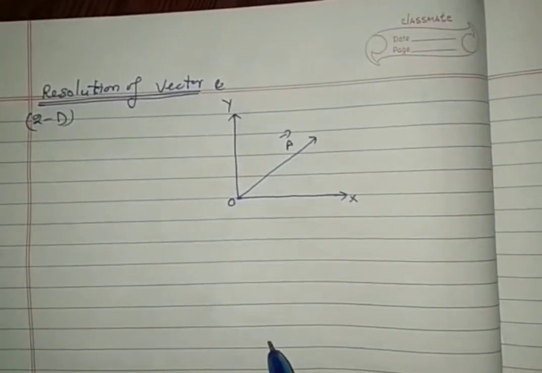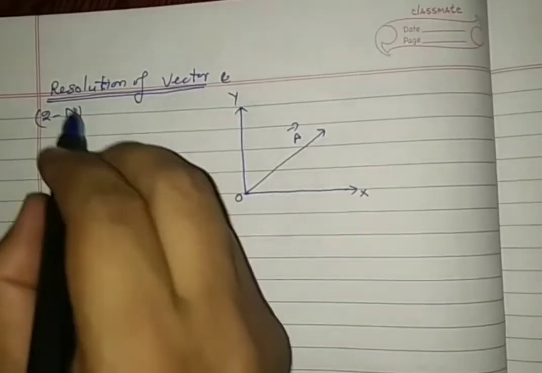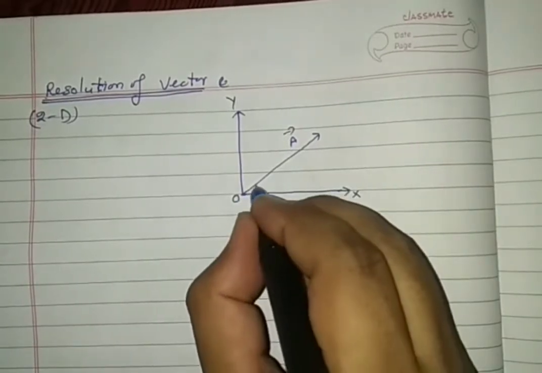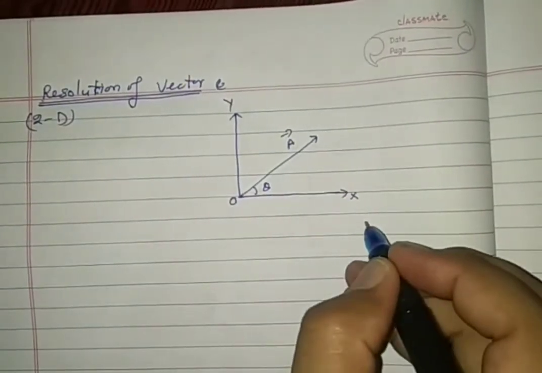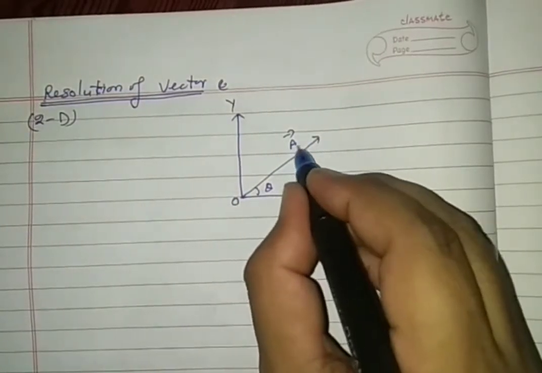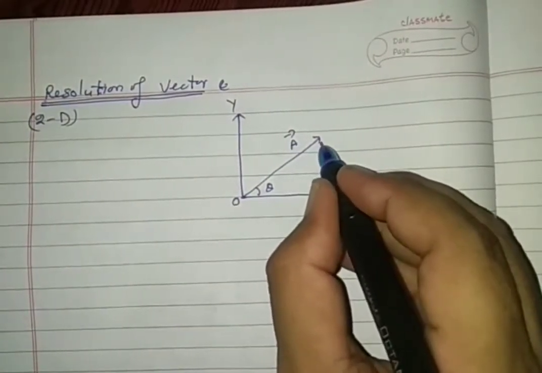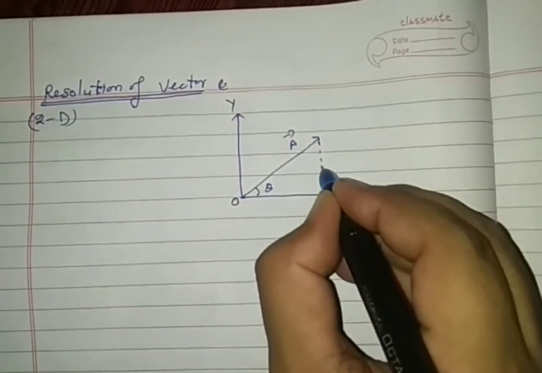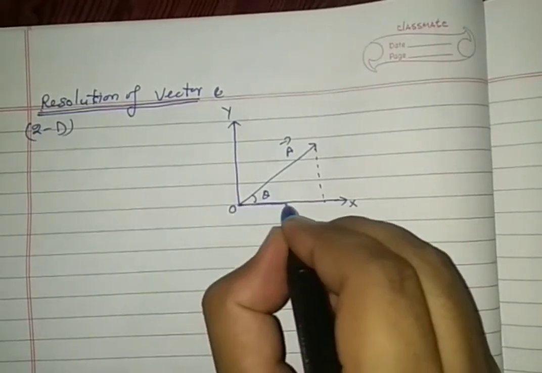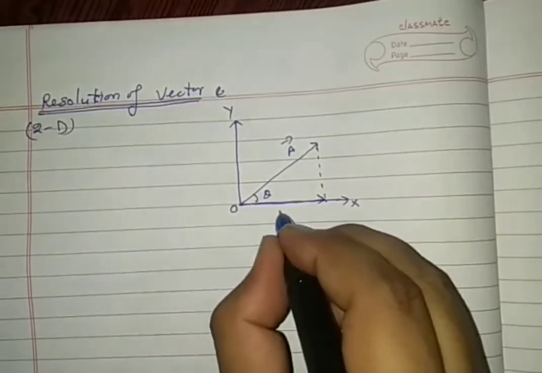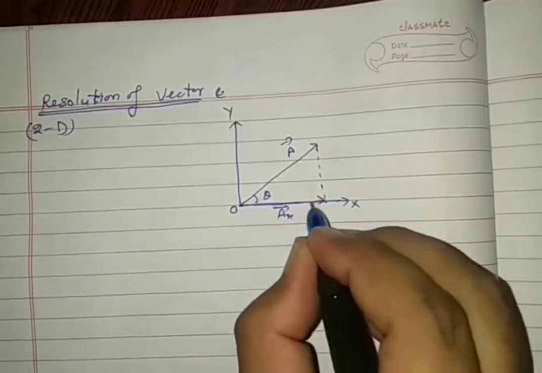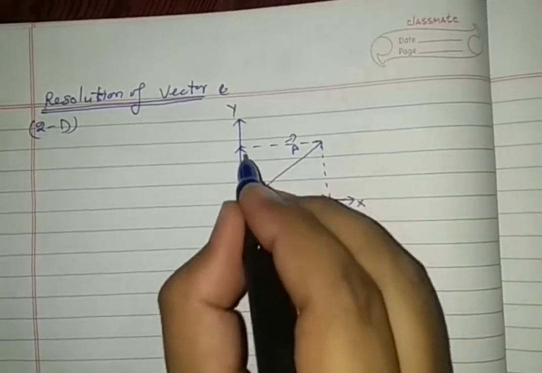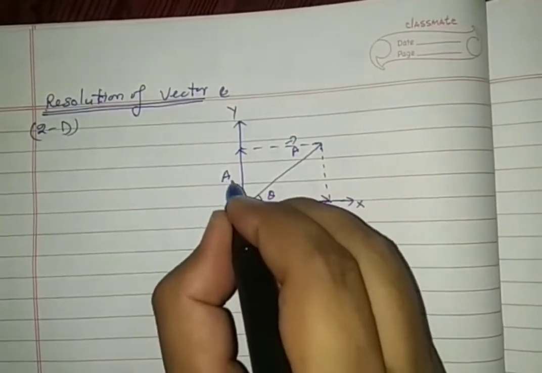In this case, if you want to obtain the resolution of this vector A, which makes angle theta with the x-axis, in 2 dimensions it has 2 projections, 2 resolutions, one along the x-axis, this is vector Ax, and vector Ay.